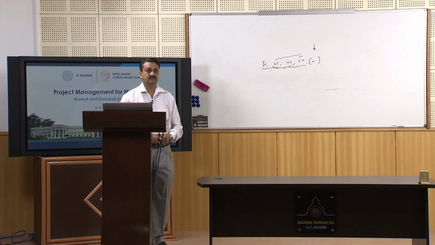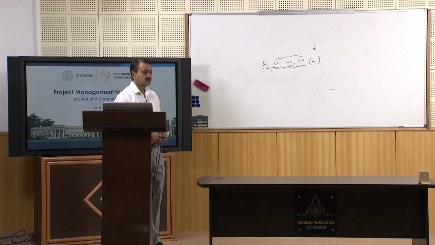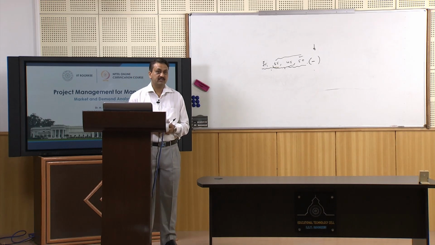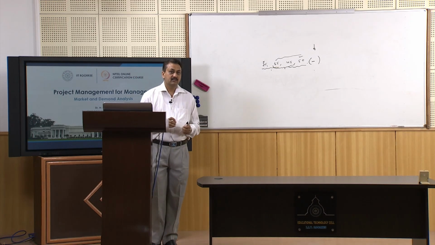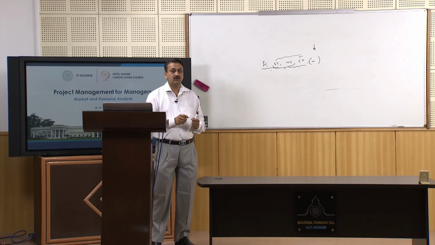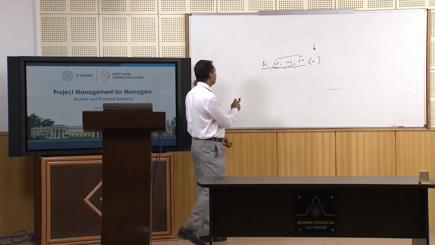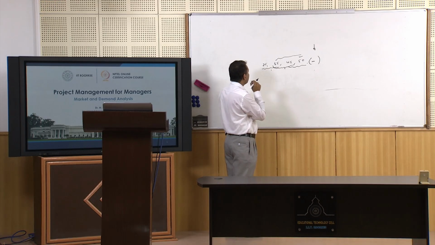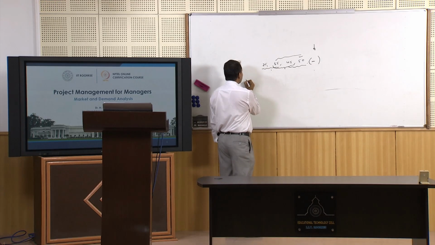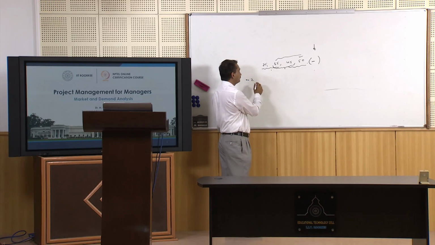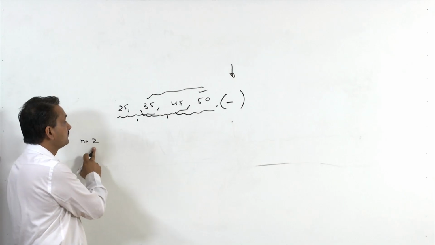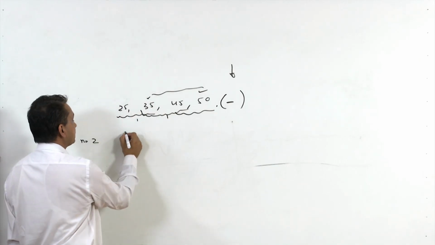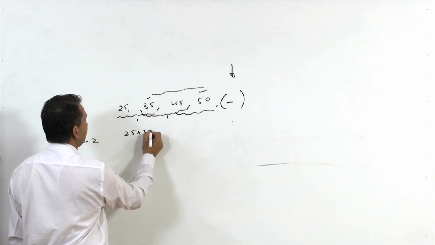Now, let us move on to another method, called the exponential smoothing method. If you look at the moving average method, you would have observed that we have given equal weightages to all the data points. For example, when we go for a two period moving average, we have taken the average of these two, 25 plus 35 divided by 2.